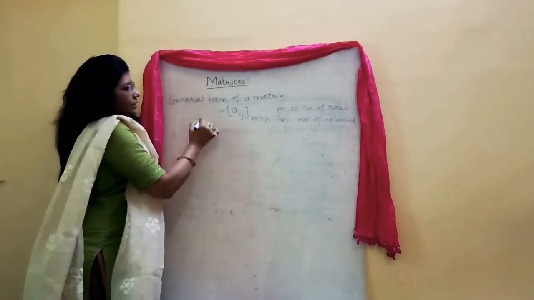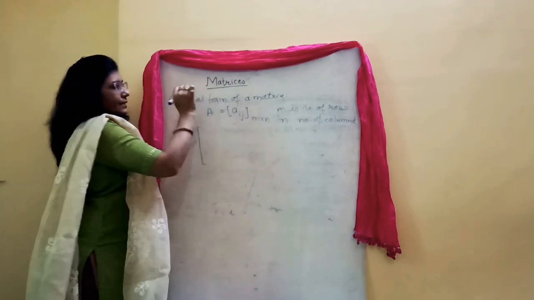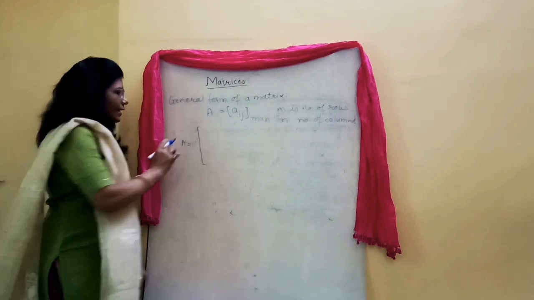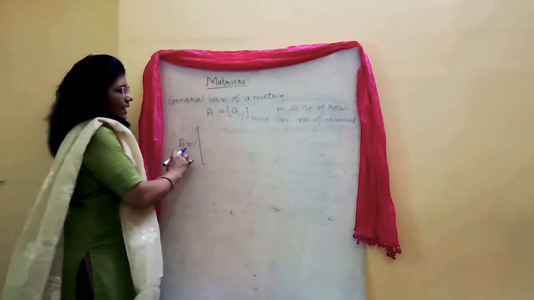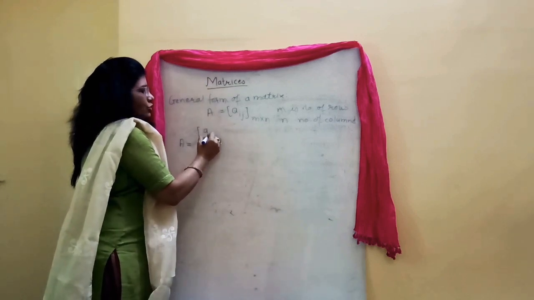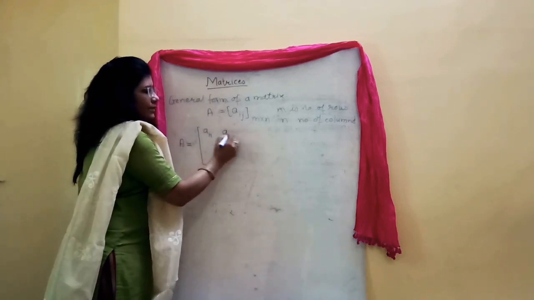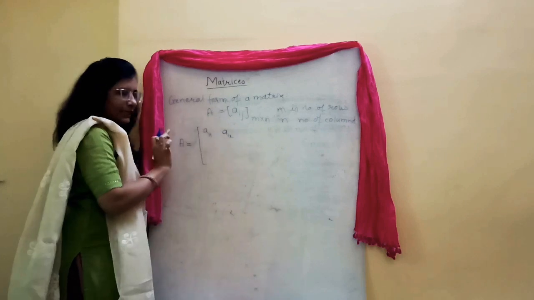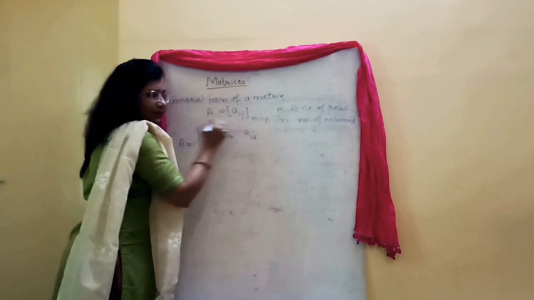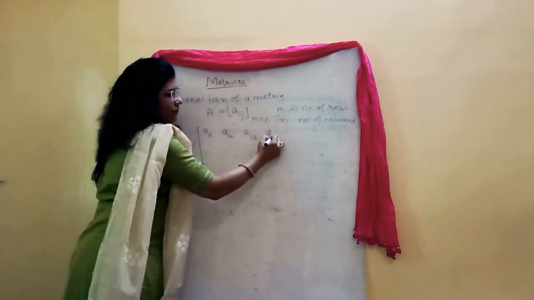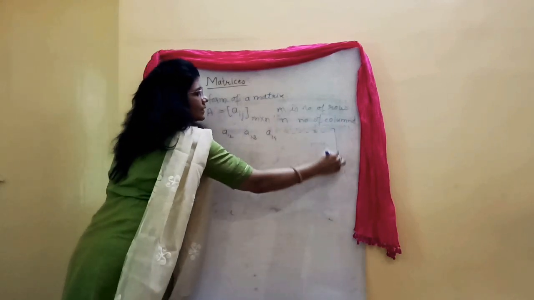So in the general form, suppose I name it capital A as a matrix, then its general form will be given by A is equal to: first row, first column, A11; first row, second column, the second element of the first row; then first row, third column, then first row, fourth column, and so on. How many columns there are, we don't know. This is general.